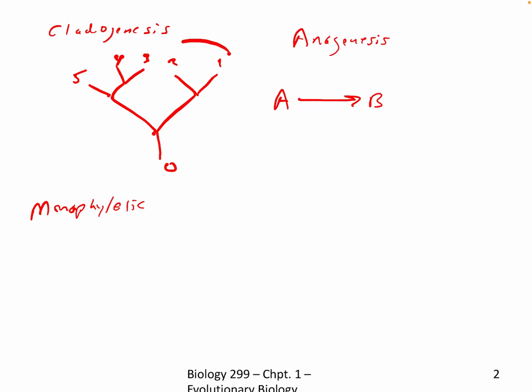So, for example, I could say that this portion of this tree here is a monophyletic taxon because it includes species 1 and 2 and their common ancestor. So it's that ancestor and its descendant species. That could be a class, or an order, or a family, or a genus. All right, that's how we want to do things.